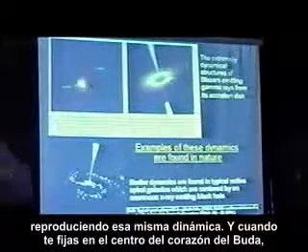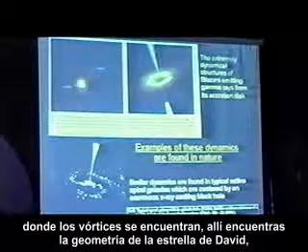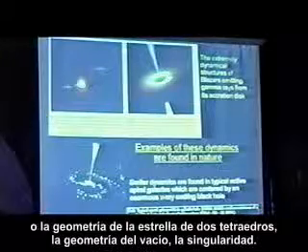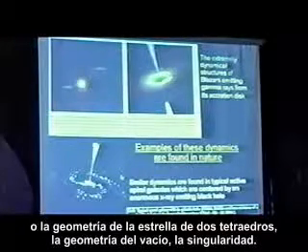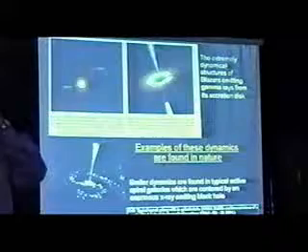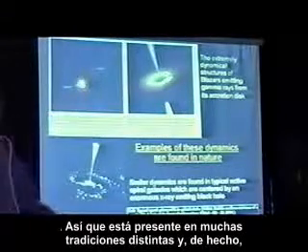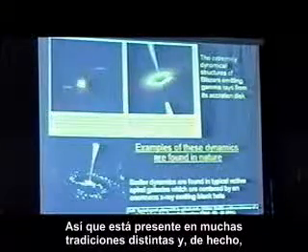And when you look at the heart center of the Buddha, where the vortex meet, there you find the geometry of the Star of David, or the geometry of the double star tetrahedron, the geometry of the vacuum, the singularity. So it's present in many, many different traditions.